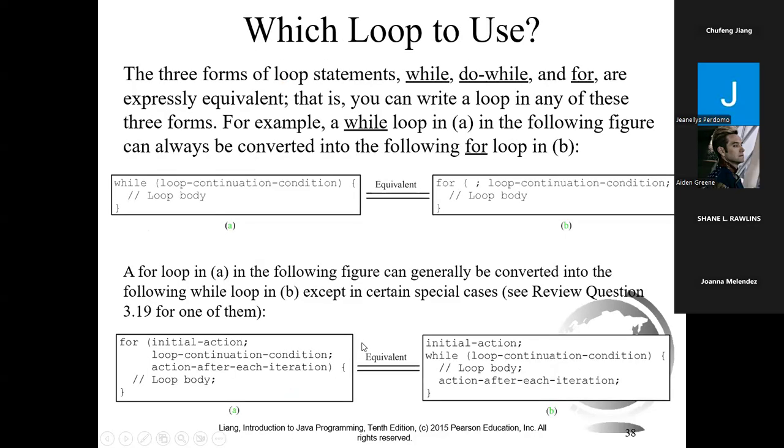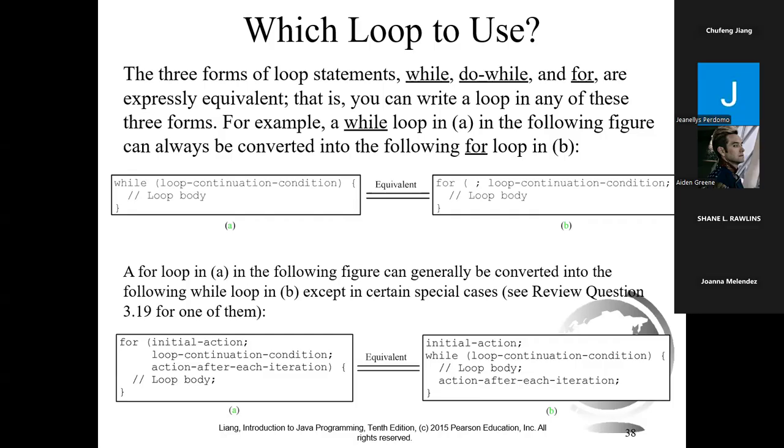So there are three forms of loop statements: while, do while, and for. They are expressively equivalent. For example, the while loop in the A block, like while the loop continuation condition, like while something is true, and then we do the loop body, is equivalent to the for loop in the B block.